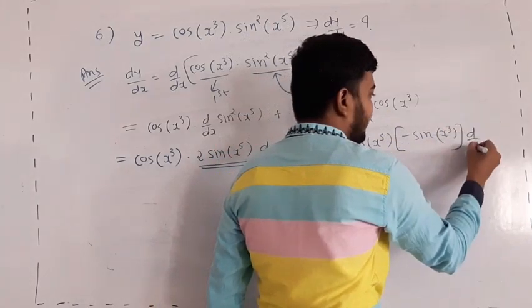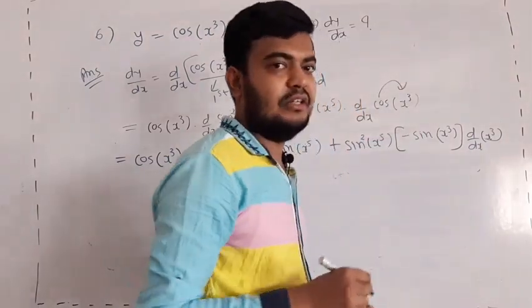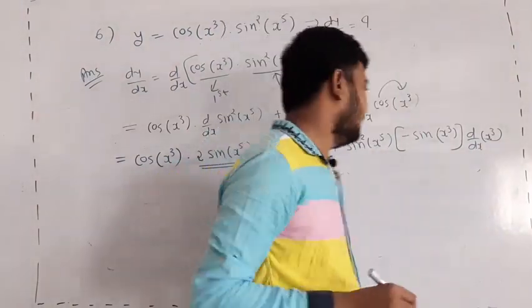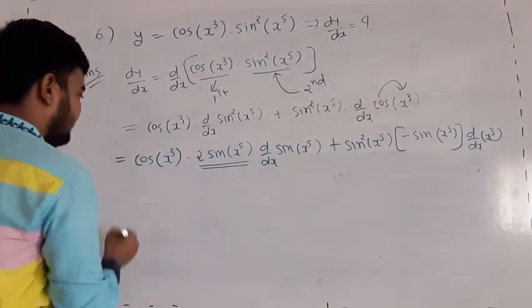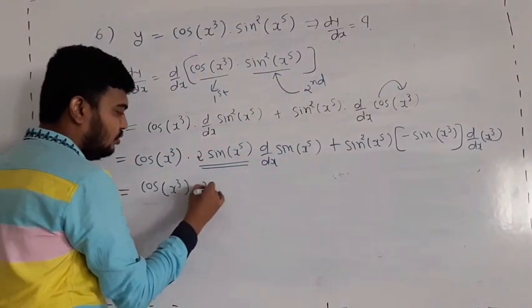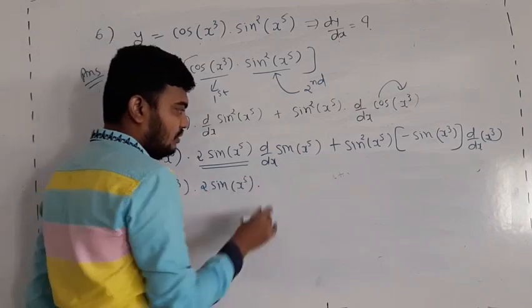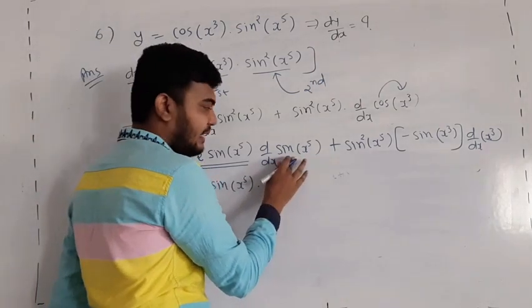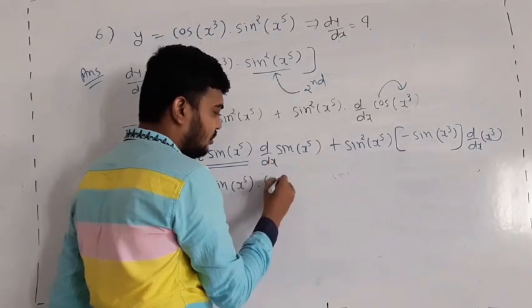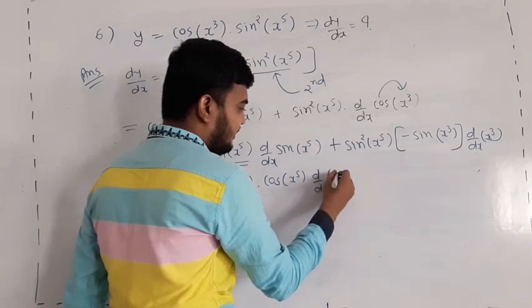Okay, d by dx of x cube. The derivative of the second outermost function remains. Okay, now next step is cos of x cube into 2 sine of x raised to 5 into, now the outermost function is sine, so derivative of sine is cos, angle is the same, x raised to 5, d by dx of x raised to 5 remains.